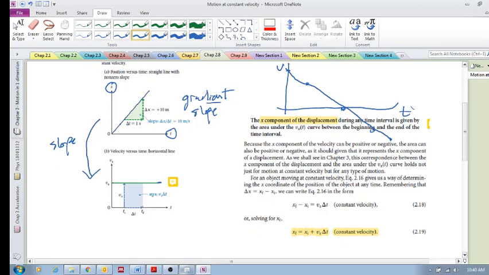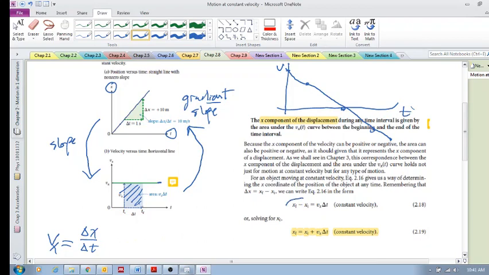If you want to move from velocity time to position time, then you need to calculate the area under the curve between those two times. So let's have a look here. Remember what we said was that velocity is delta x over delta t. So if I've got my position time and I want velocity, I need to calculate the slope. However, let's rearrange this.